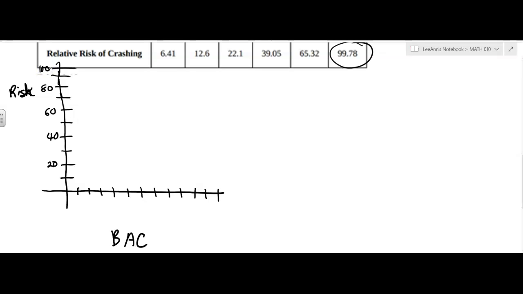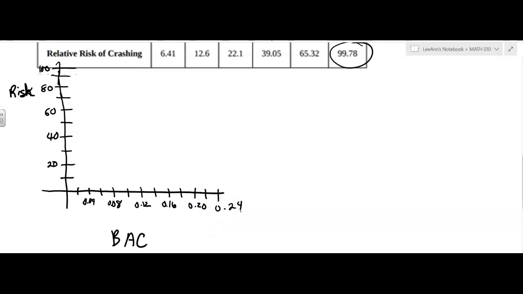And then we're going to count by, it's really hard to fit this in, 0.04, 0.08, 0.12, 0.16, 0.20, and then this last one would be 0.24.